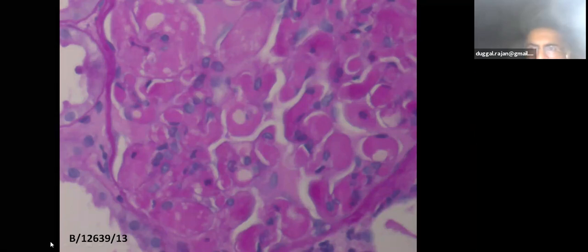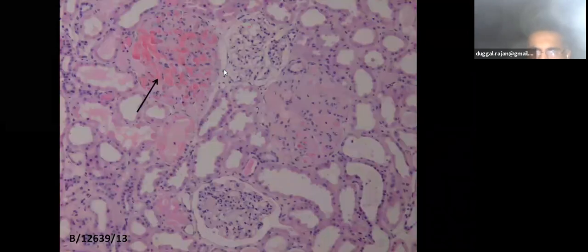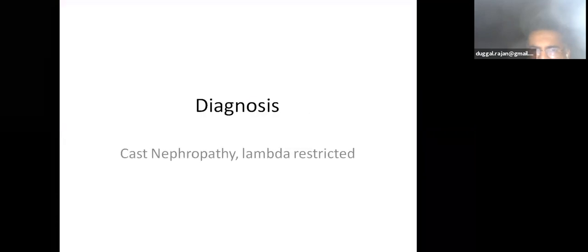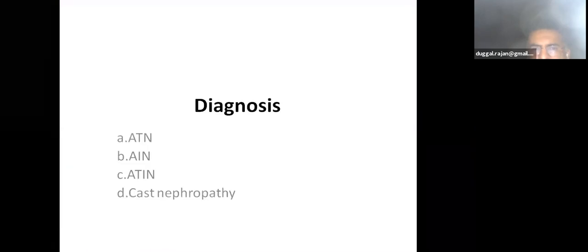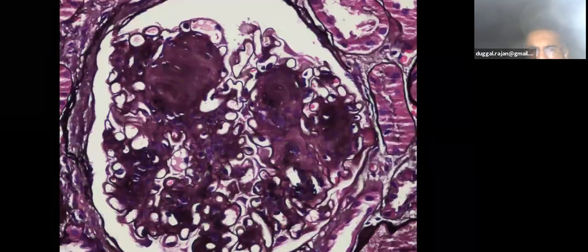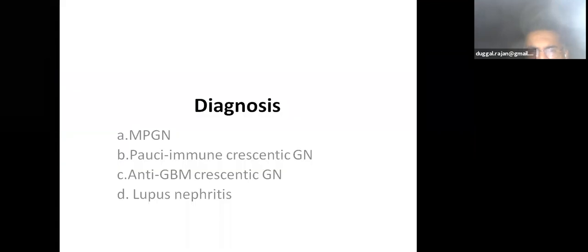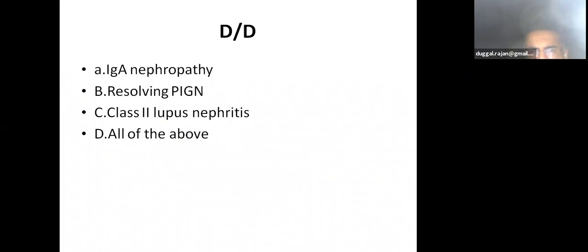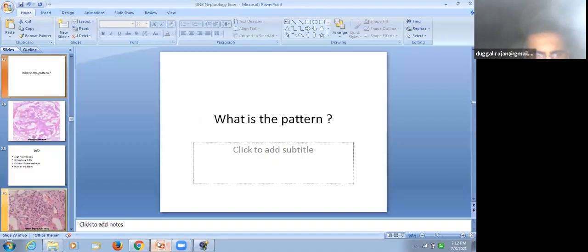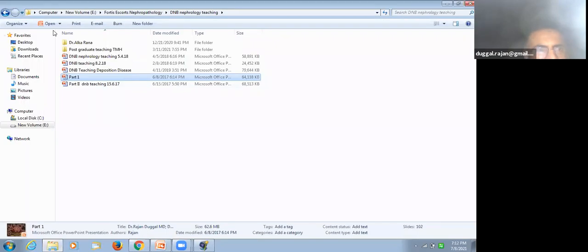Okay, I'll show you one case. I'll show you a diabetic case. In diabetes, I'm showing nodular glomerulonephritis. Okay, just a moment.